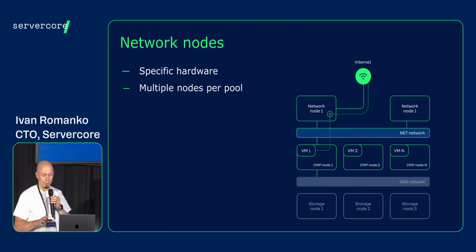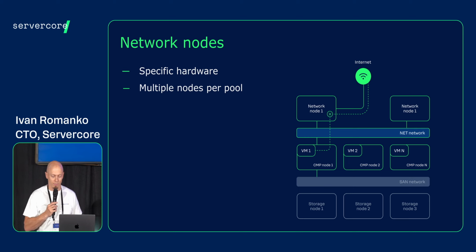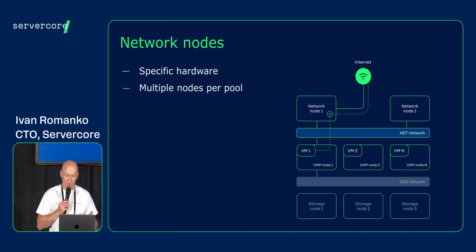What those network nodes are. Well, depending on the cloud, I will again here talk for Servercore mainly, but the information is available. You can read about this piece of equipment from public notes of IBM Cloud, Google Cloud.